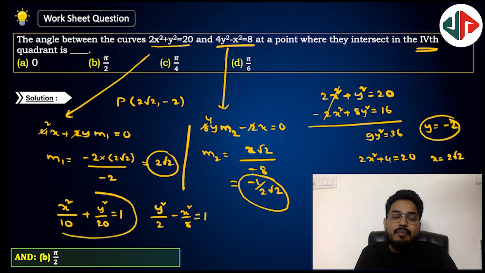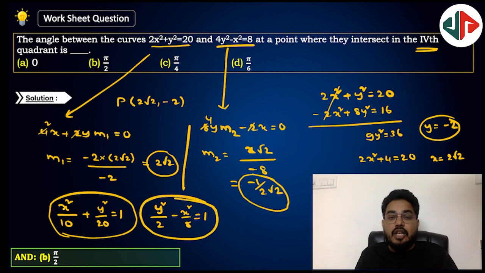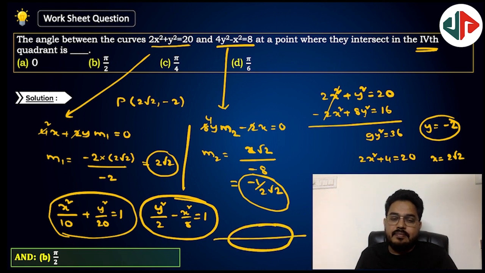If these two are confocal, there is a property like this: if they are confocal, automatically they are mutually perpendicular. Look at here: a square is equal to 2, b square is equal to 8. Here a square is equal to 20, b square is equal to 10.